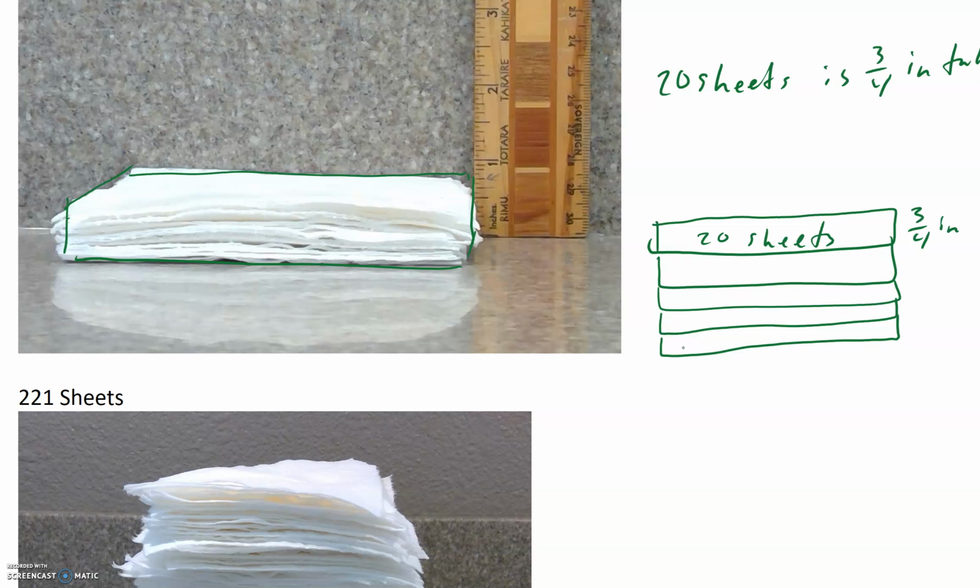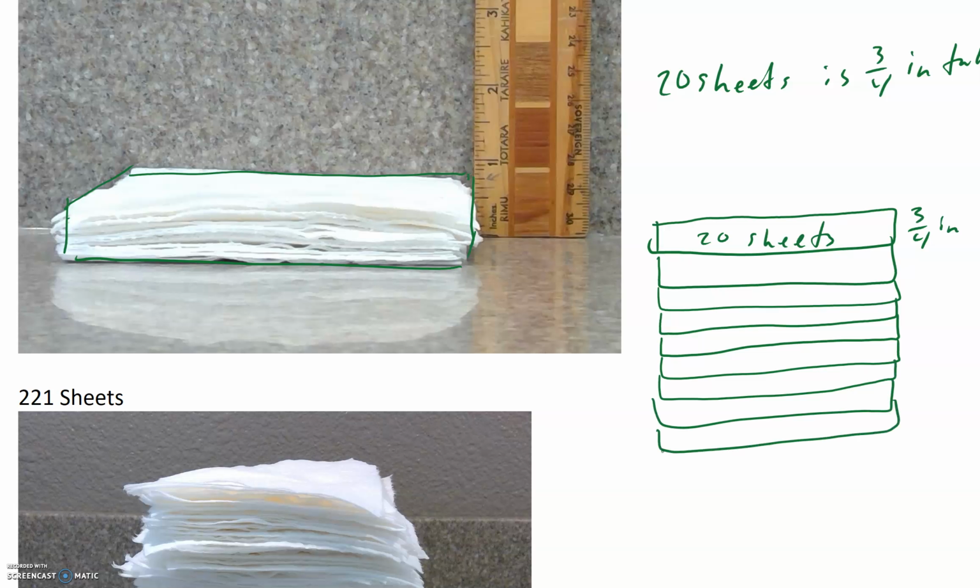1, 2, 3, 4, 5. I think that's 11. 1, 2, 3, 4, 5, 6, 7, 8, 9, 10, 11. Plus one sheet on top. Okay?